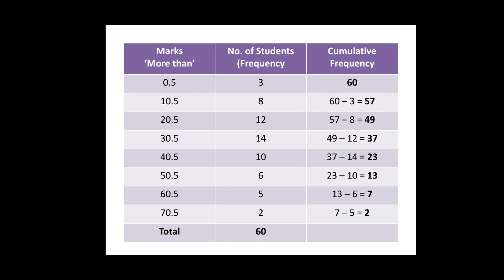We want to know the number of students whose marks are more than 0.5, more than 10.5, more than 20.5 and so on. Now the next step is to calculate the cumulative frequencies from the frequencies, and in case of the more than method, we subtract the frequency of each class from the total frequency in order to obtain the cumulative frequencies.